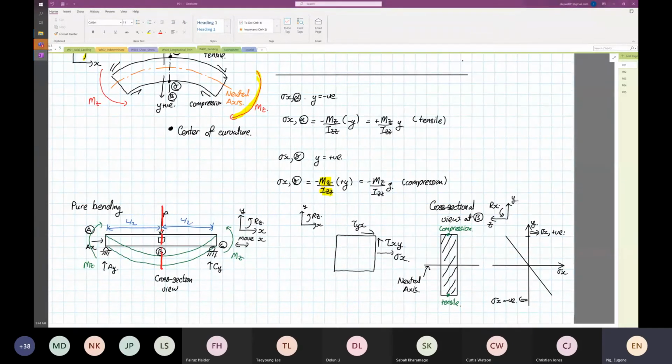At a certain point y positive, what we have is negative stress x and positive y. Over here we have negative stress x and also a negative y. So in that context, what we have over here is the distribution profile.